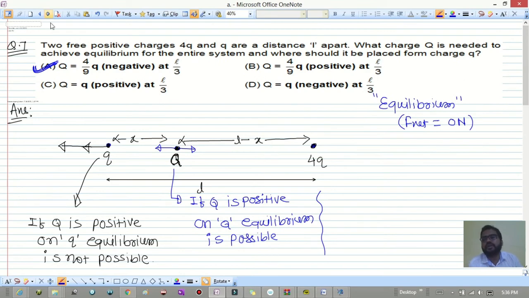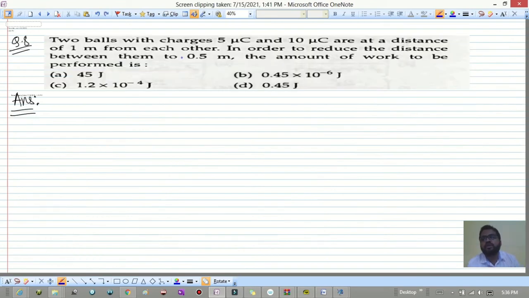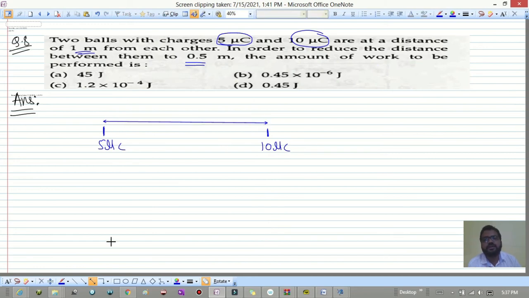Okay, so next problem: two balls with charges 5 microcoulomb and 10 microcoulomb are at a distance of 1 meter from each other. In order to reduce the distance between them to 0.5 meter, the amount of work to be performed is... So firstly, 5 microcoulomb and 10 microcoulomb are placed at a distance of 1 meter.